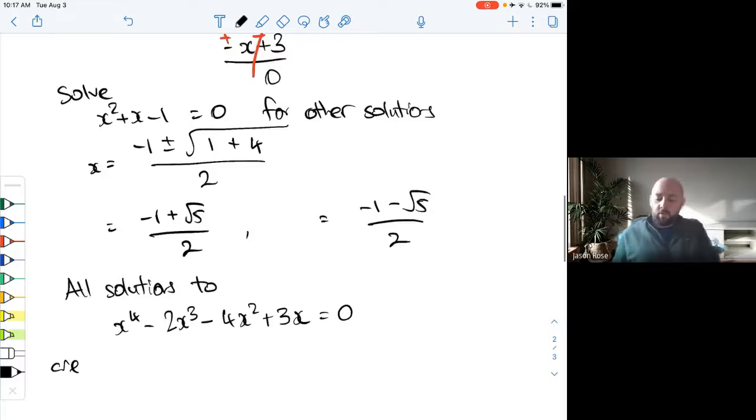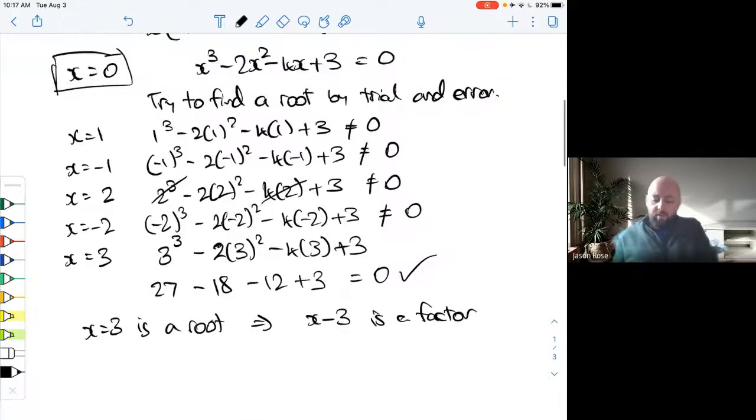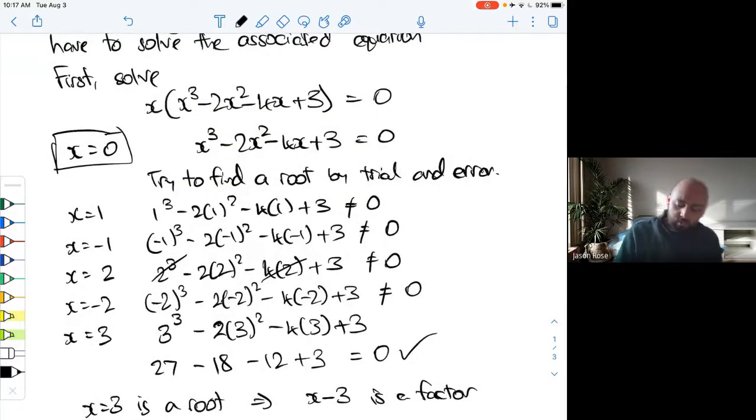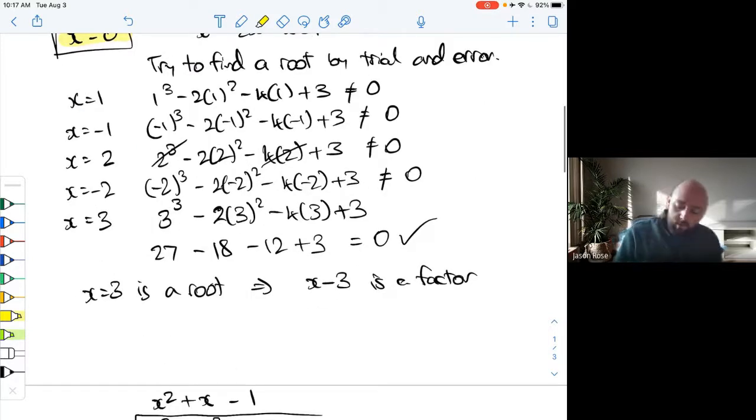So if you remember, back up here, this was the first solution that we found. It was x equals 0, because the first thing we did was we factored out x, and then we had the polynomial to solve. The next solution that we found was x equals 3. That was by trial and error. So those are two of our solutions.